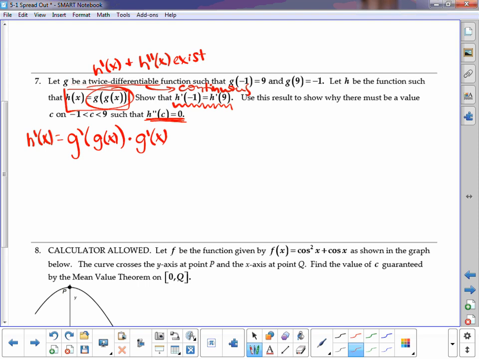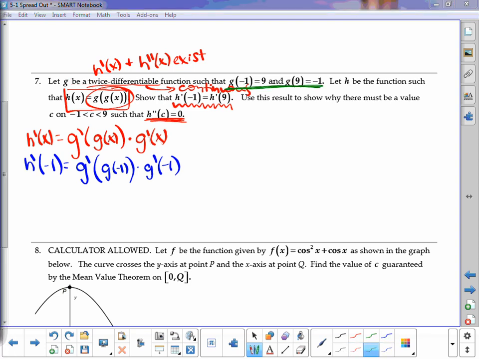All right. So they want us to show that h prime of -1 and h prime of 9 are the same. So I need h prime of -1. That would be g prime of g of -1 times g prime of -1. And I'm betting that this information is going to come into play here.